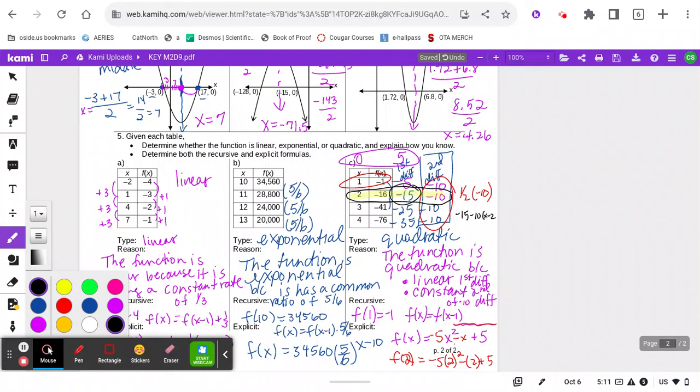So I said begins with negative 15, subtracting 10, x minus 2. Simplify this. Negative 10x plus 20 becomes negative 10x. 20 minus 15 is plus 5. Let me go double check my work. Begins with negative 15, minusing 10, x minus 2, negative 10x plus 20, 20 minus 15 is 5. Looks great. Okay, don't want to forget about those tables.